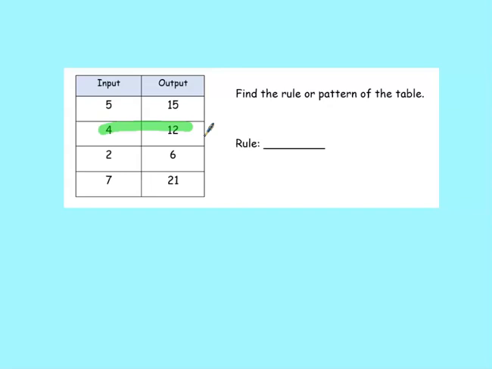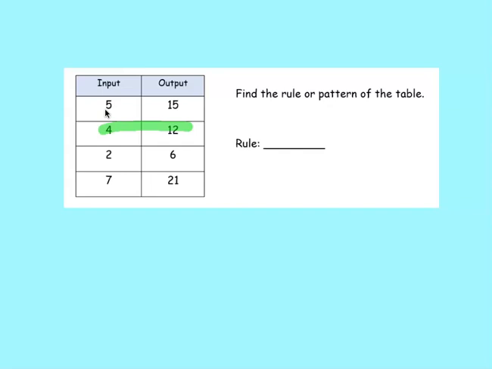I need to go back and look at 5 and 15. What other connection can I make between 5 and 15? Well, I know I can skip count by 5s: 5, 10, 15. Oh, so maybe this is 5 times 3. So maybe my rule is times 3.